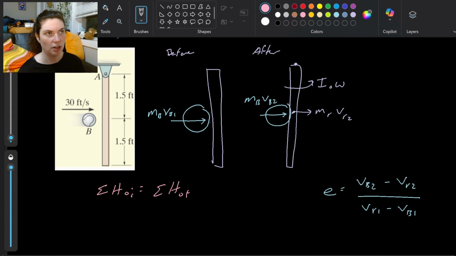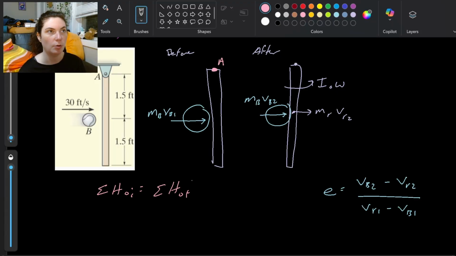So initially, in our before, we only have the baseball that's moving. And since this problem is rotation about a fixed axis, I'm going to use my distance to that fixed axis, that O, I guess it's labeled A in this one, this A that's up here. I'm going to use that as my reference point for all of our angular momentum.